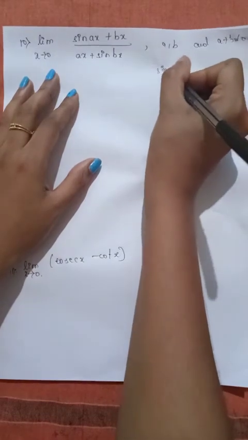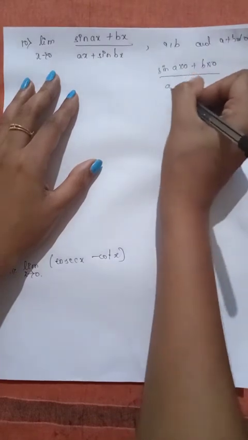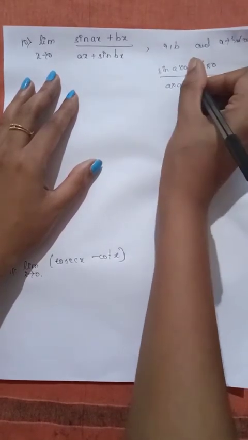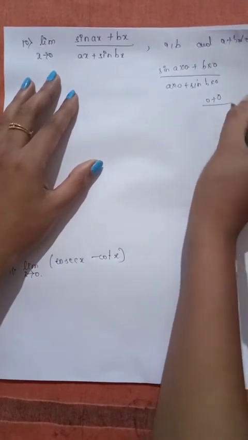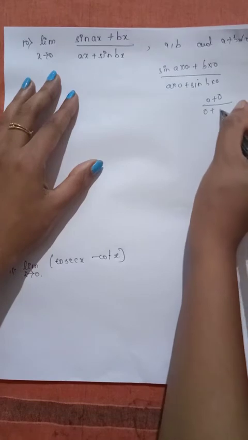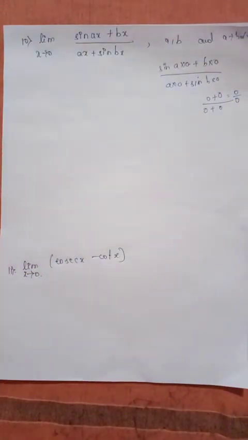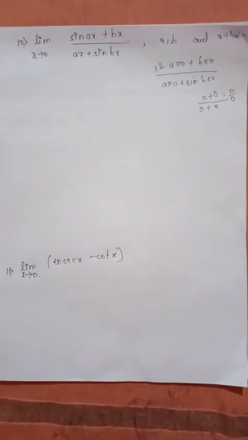So if you put x is equal to 0, what does it become? Sin(a into 0) plus b into 0, divided by a into 0 plus sin(b into 0). A into 0 is 0, sin 0 is 0. So 0 plus b into 0 is 0, divided by 0 plus sin b into 0 is 0. So 0 by 0 form, which is an undefined form. Direct substitution does not give me the defined limit.